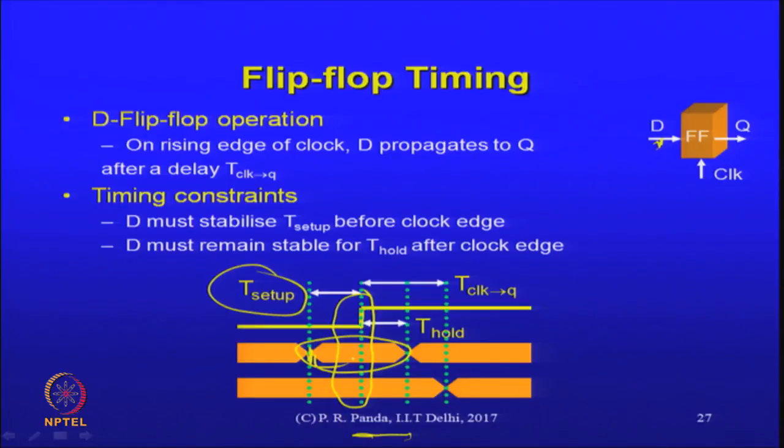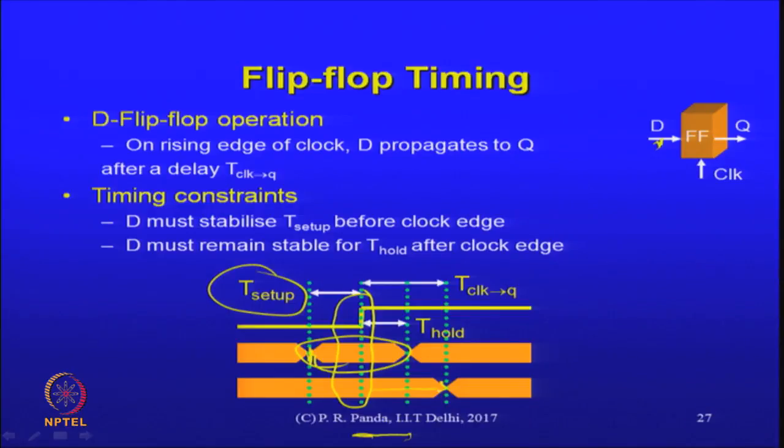One other important timing parameter that is relevant for us is the delay from the time the clock rises to the time the Q output stabilizes, called the clock to Q delay. So, at the very least these three timing parameters I must take care of.